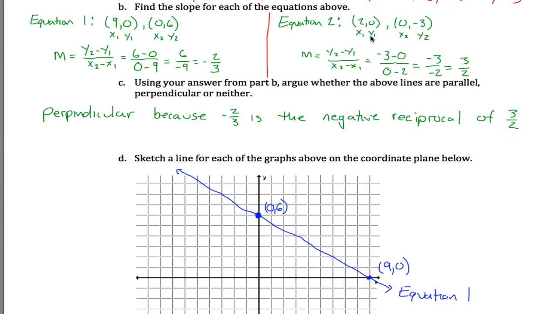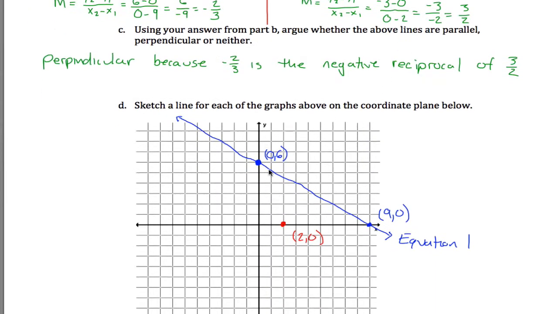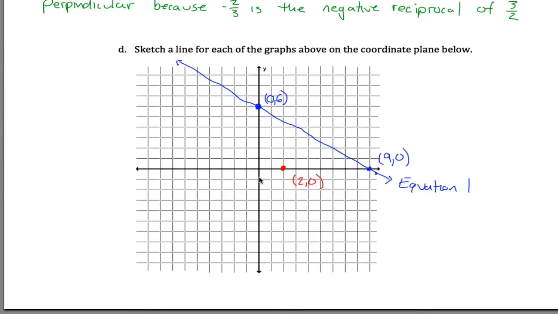Equation 2, I know that the x-intercept happens when x equals 2 and y equals 0. So that's this point right here, which is at 2, 0. And the y-intercept is at 0, negative 3. So 0, 1, 2, 3.